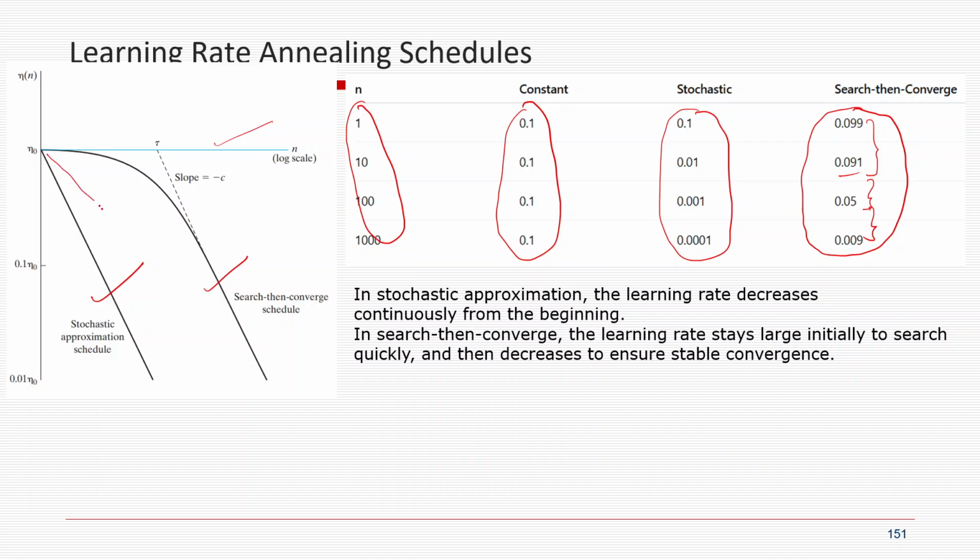The line is going like this in the stochastic approximation. In search then converge, the learning rate stays large initially, because this curve is stable at the start, to search quickly and then decreases to ensure a stable convergence. That is the meaning.